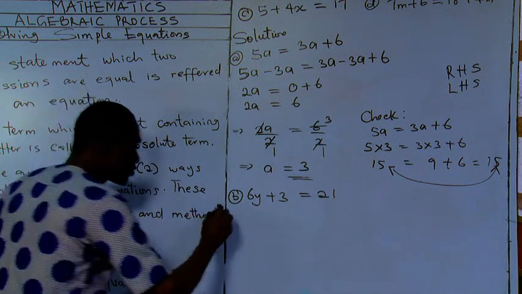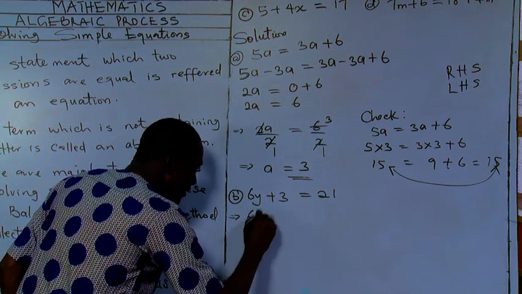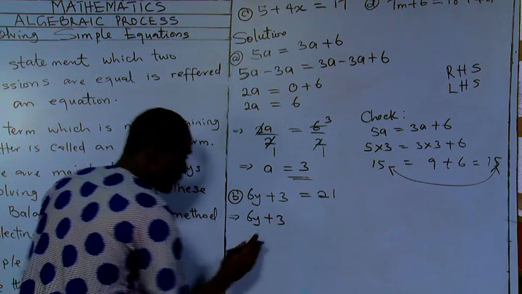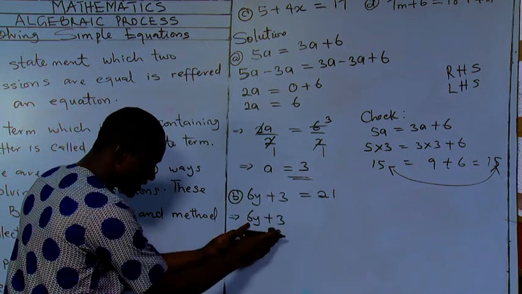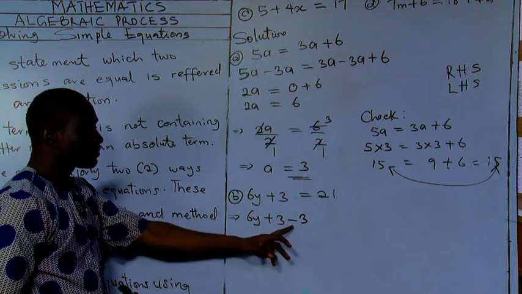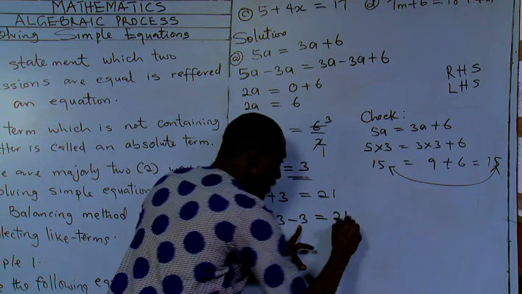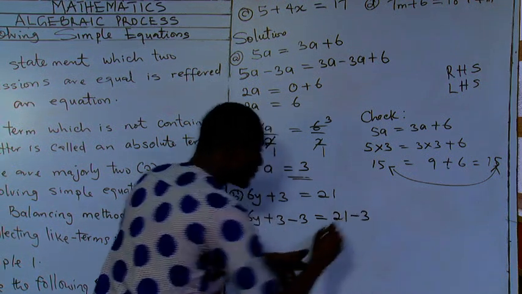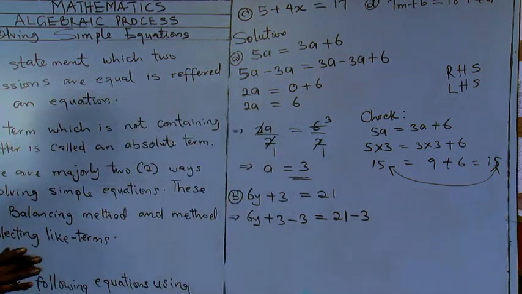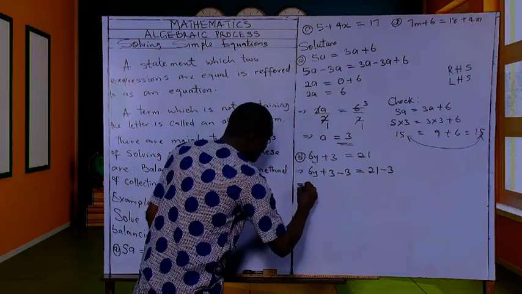So this will give us 6y plus 3, then you want to subtract 3, so you write minus 3, equals 21 minus 3. This is what we call balancing.